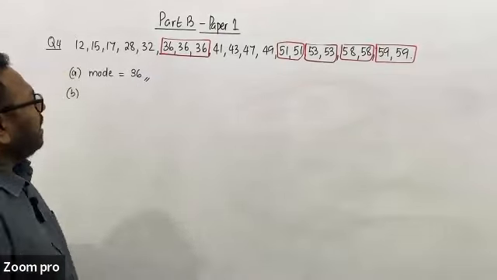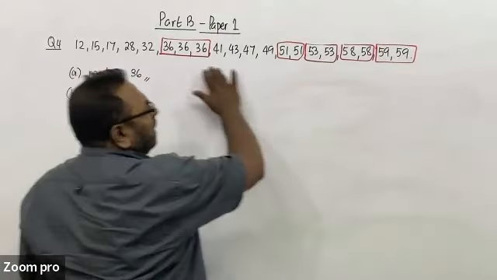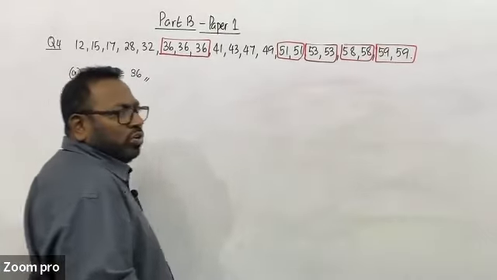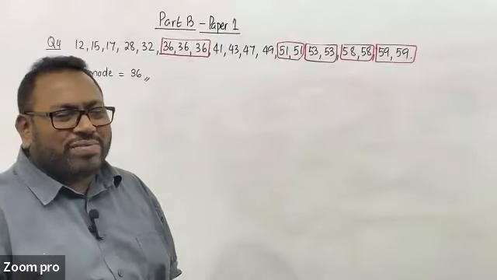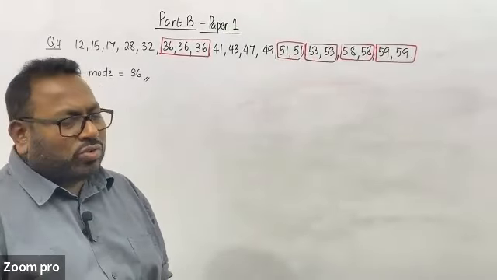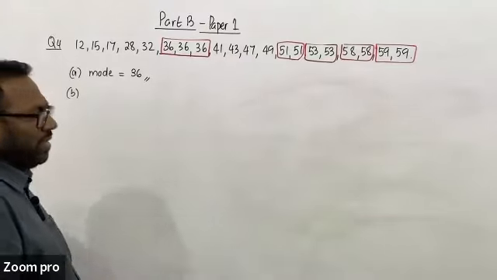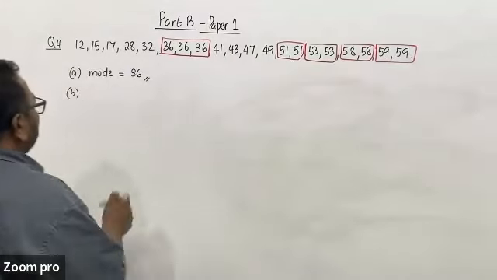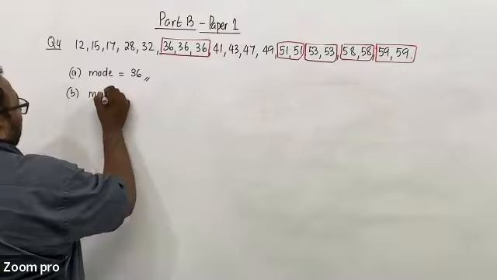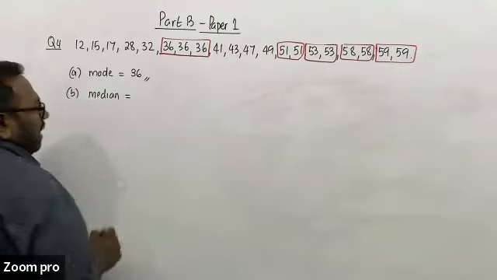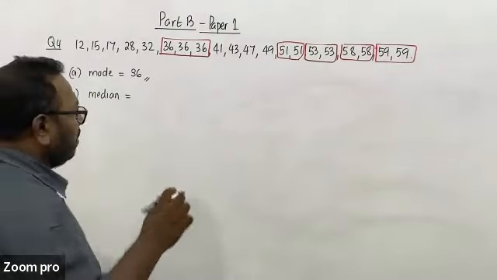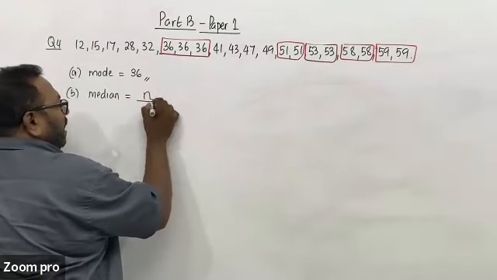So if you have your data set here, you can see they have given you 20 terms. That means even number of data set. So in an even number of data set, what is the formula you're going to use? Median in an even number of data set, guys, n divided by 2.